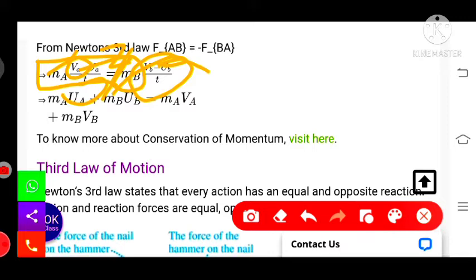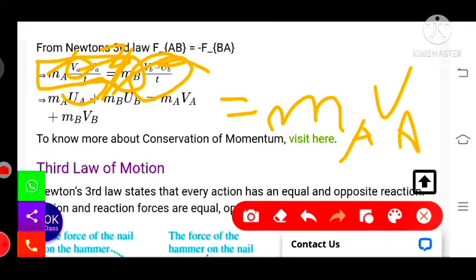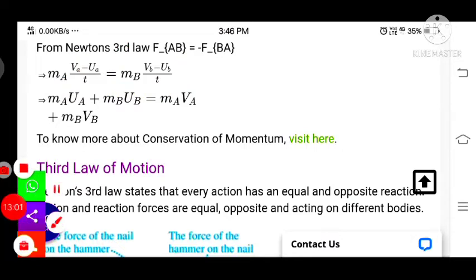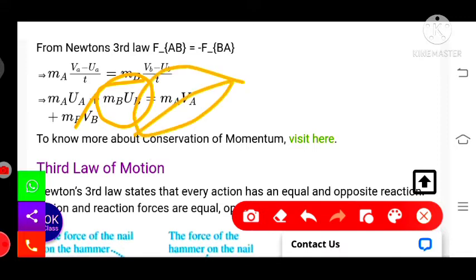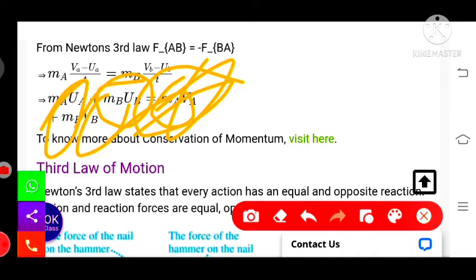So the formula is ma times ua, the mass and initial velocity of the first ball, plus mb times ub, the mass and initial velocity of the second ball, equals ma times va, plus mb times vb, the mass and final velocity of the second ball.